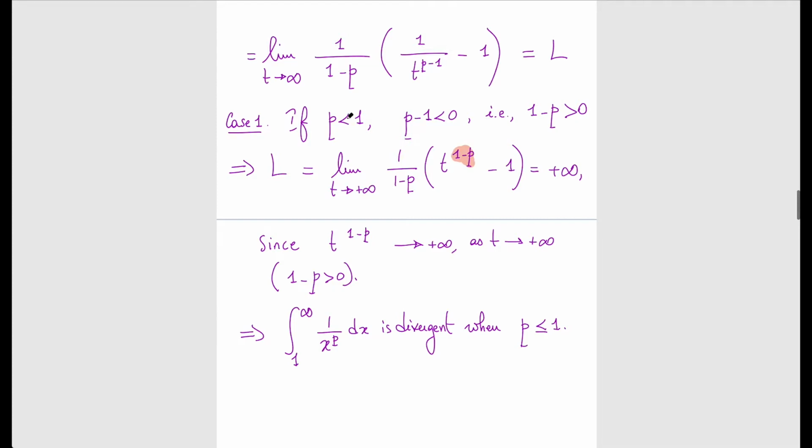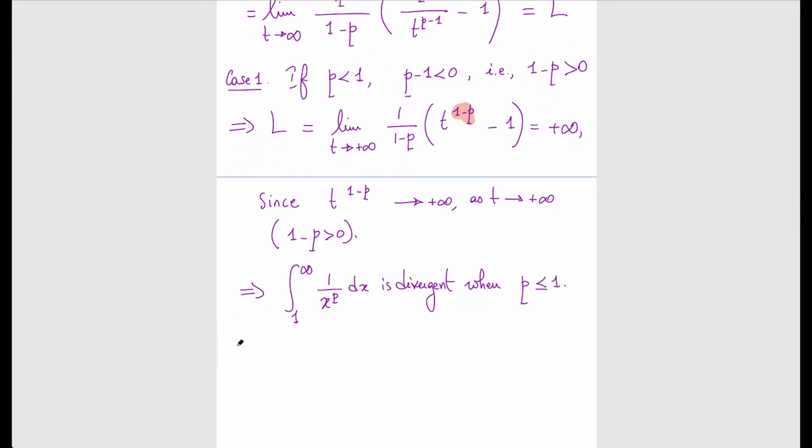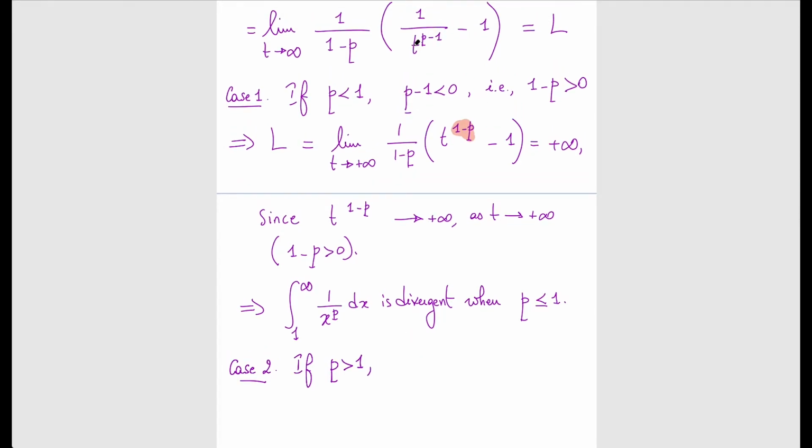And case 2, when p is bigger than 1. Then what can you say about the p minus 1 thing? p minus 1, the exponent here, becomes positive, and hence 1 over t to the power p minus 1 goes to 0 as t goes to plus infinity.